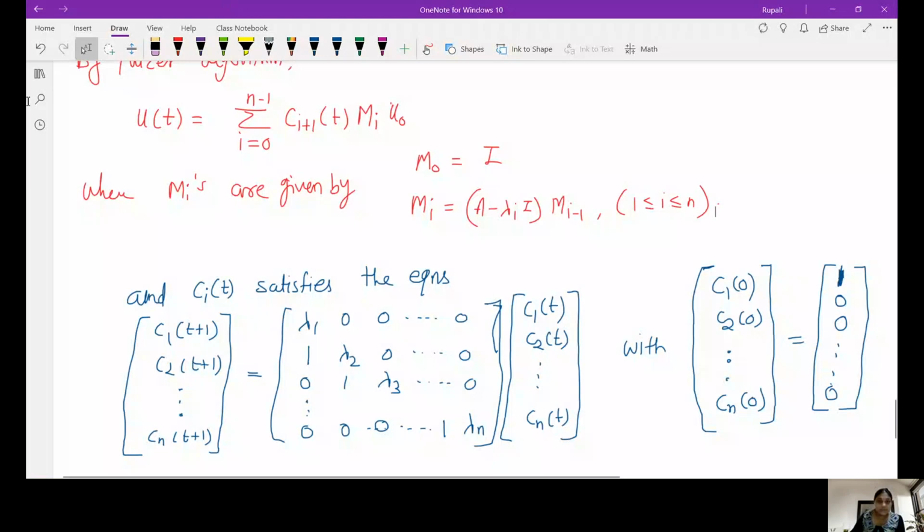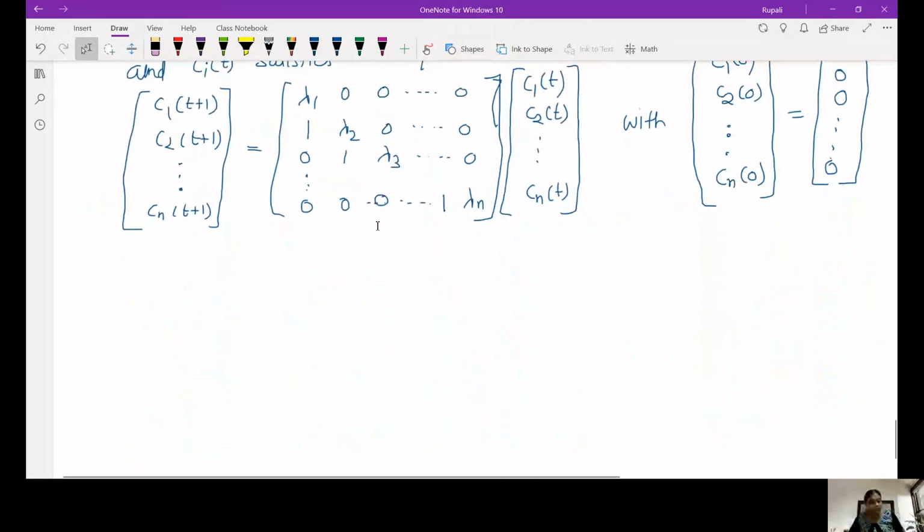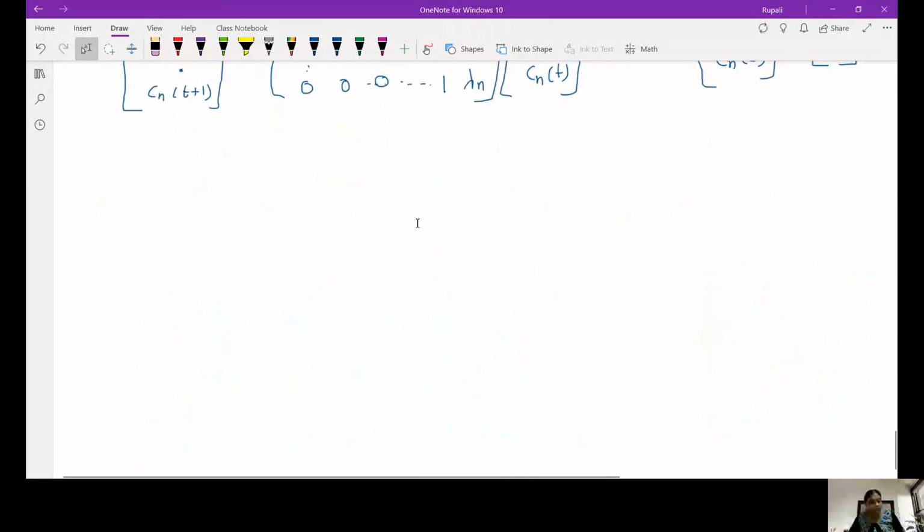And c_i(t) satisfies the equations with these initial conditions. So this is by the Putzer algorithm, which we already know.